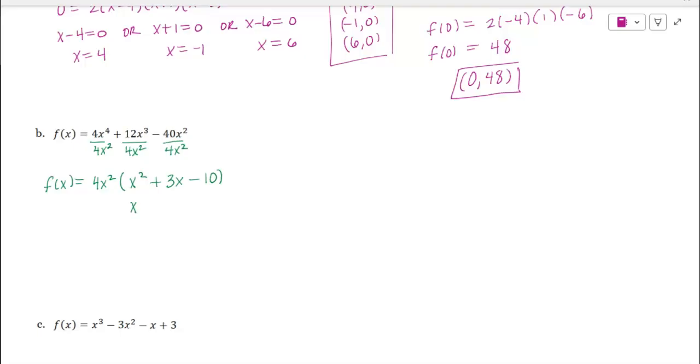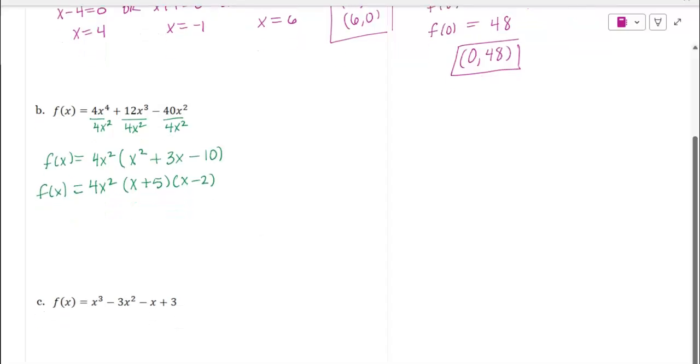This factors into x plus 5, x minus 2. All right, so before I find my intercepts, I want to make sure that I get this factored completely. For our x-intercepts, we're going to let this equal 0.